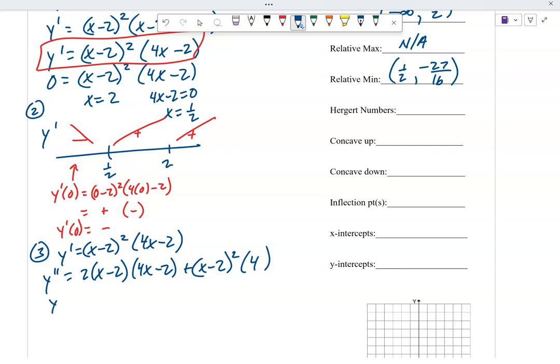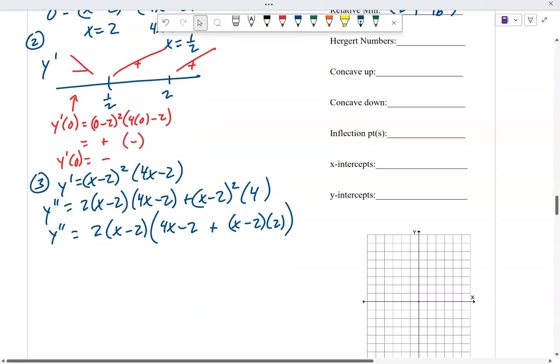So we've got the double prime is, I could take a 2 and an x minus 2 out of each of those, and I'd be left with 4x minus 2 in that first term, plus over here I'd have an x minus 2 and 2. Remember, I factored out a 2 and an x minus 2.